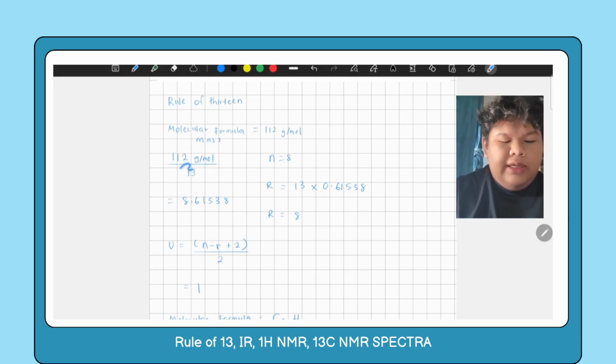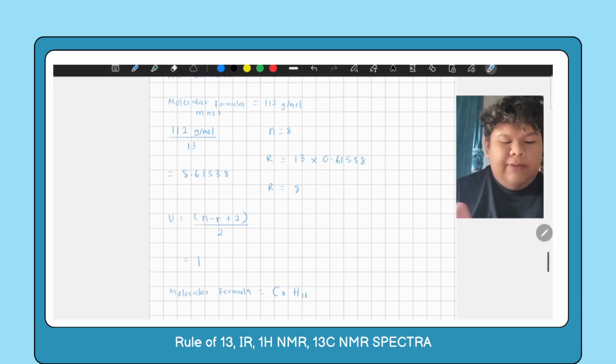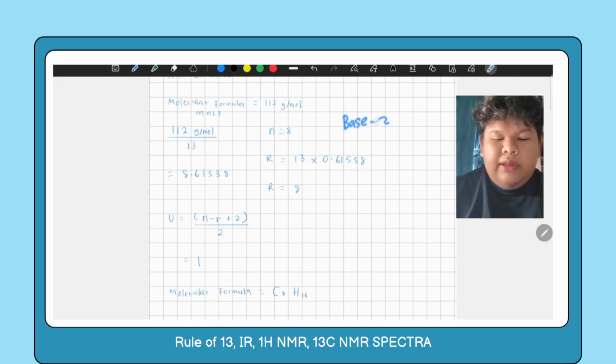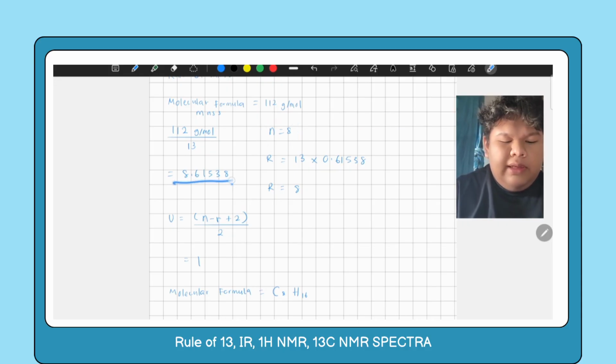So 112 divided by 13 gives 8.61538. From this we get n, which is 8. The base formula for the rule of 13 is CnHn+R. From the decimal of the answer, we multiply by 13 and we get R. The R is also 8.